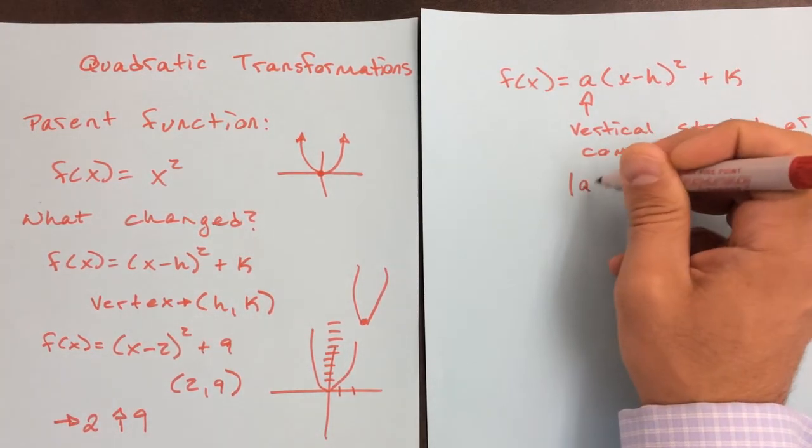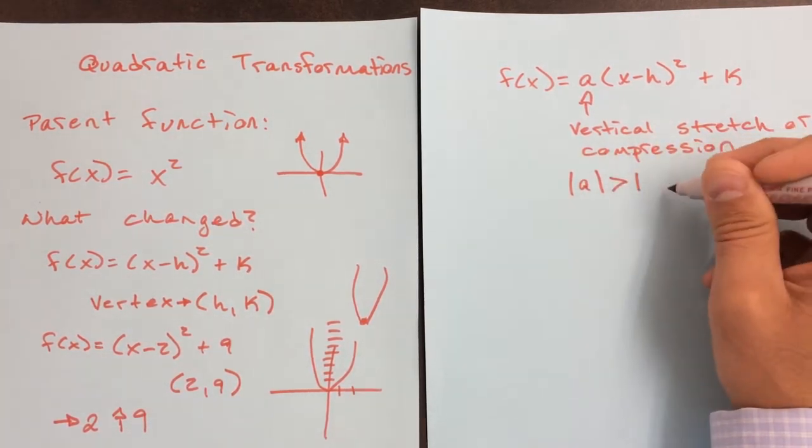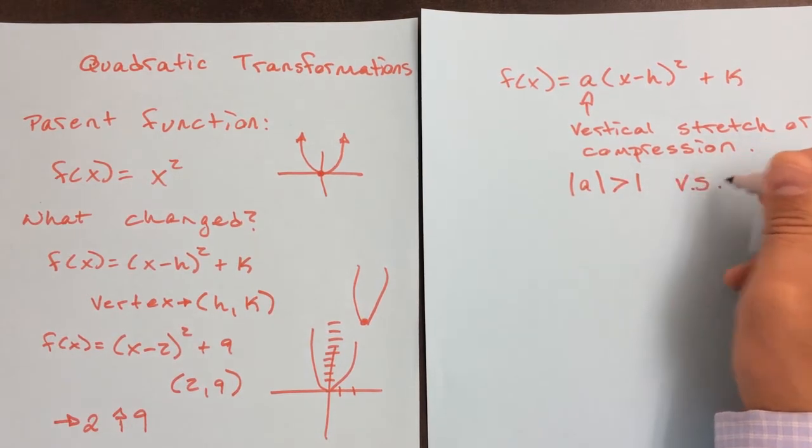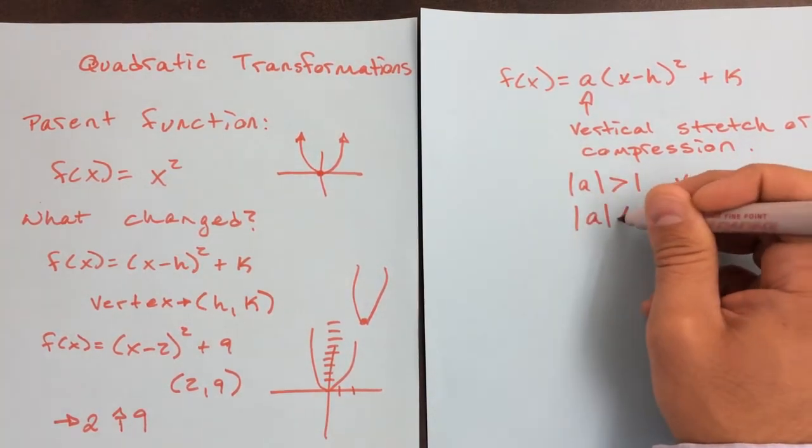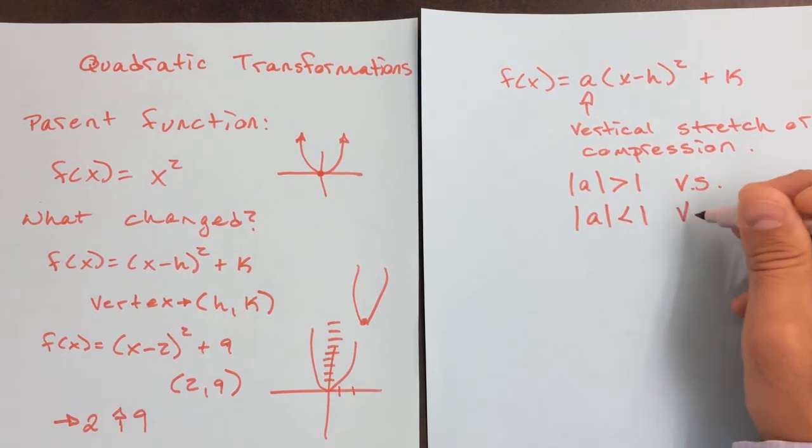Now if the absolute value of a is greater than 1, it's a vertical stretch. If the absolute value of a is less than 1, it's a vertical compression.